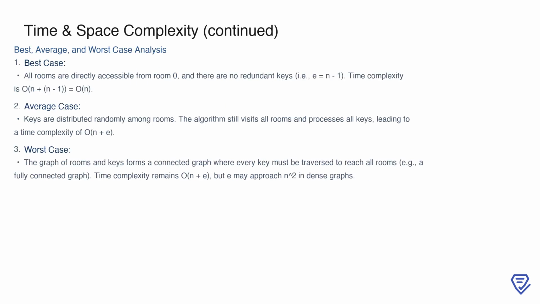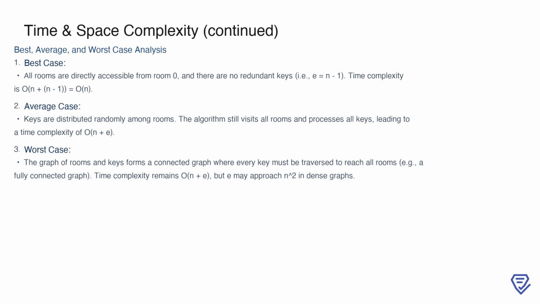The time complexity remains consistent across best, average, and worst cases, but the structure of the graph determines how quickly the algorithm completes. In the best case, all rooms are directly accessible from room 0 with no redundant keys, meaning the number of edges, e, is minimal and equal to n minus 1. Here, the time complexity simplifies to O(n). In the average case, keys are distributed randomly among rooms, and while the distribution may vary, the algorithm must still visit all rooms and process all keys, resulting in a time complexity of O(n plus e).